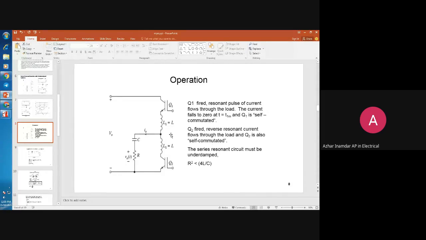In this case, when we use the coupled inductors, when Q1 is turned on and current I1 of t begins to increase, the voltage across inductor L1 is positive, and the induced voltage in L2 will add to the voltage of the capacitor in reverse biasing Q2.